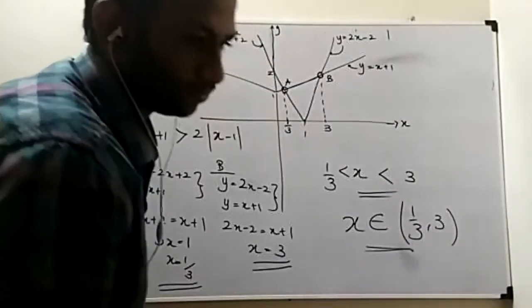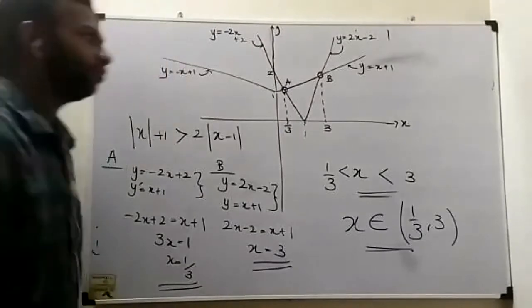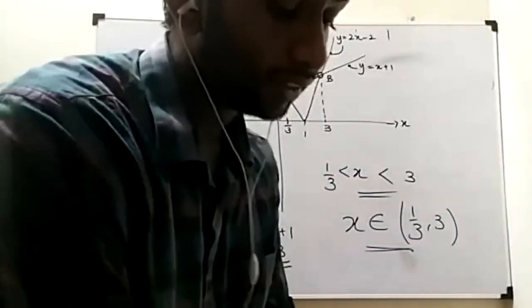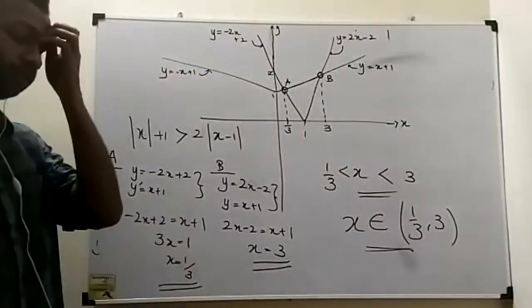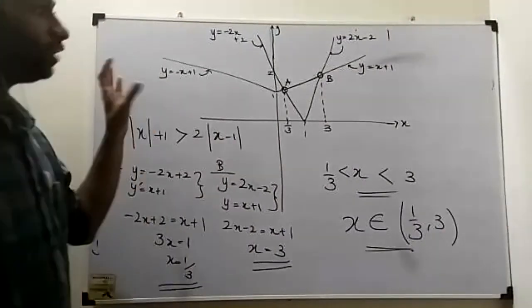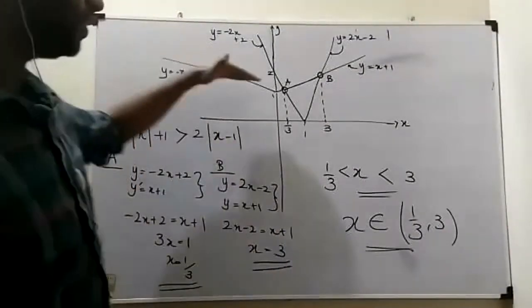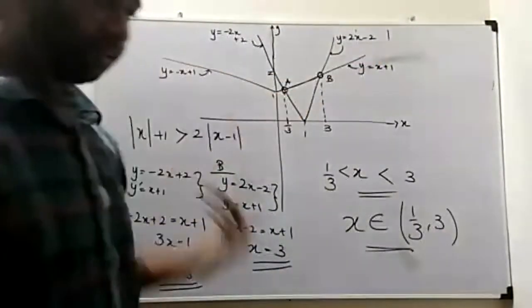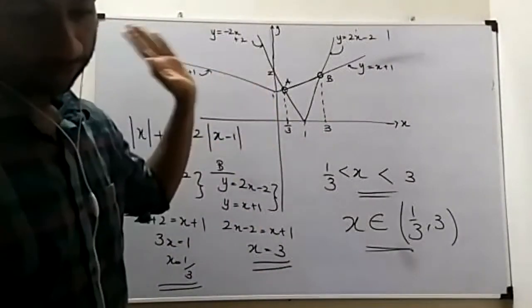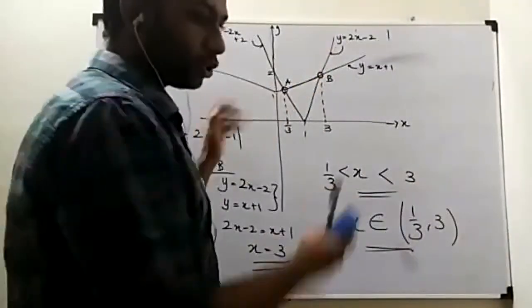So did you get the answer? All right, seems to be clear. Let me recap what we did. First they asked us to sketch these two graphs in the same diagram. We took the modulus values and drew the y equals mod x plus 1 graph, and then the y equals twice mod x minus 1 graph, and combined them in the same graph.